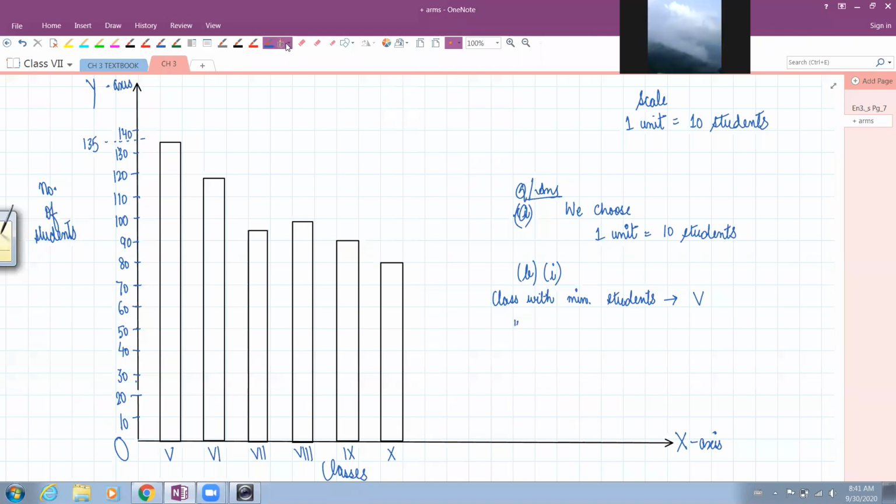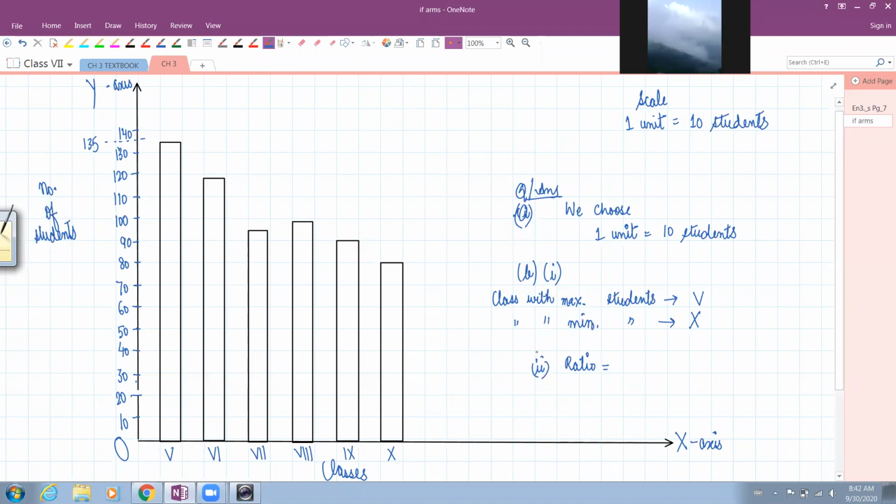Sorry, I've written this. This is the maximum. Now you need to write down the ratio of the students in 6th to the students in 8th.